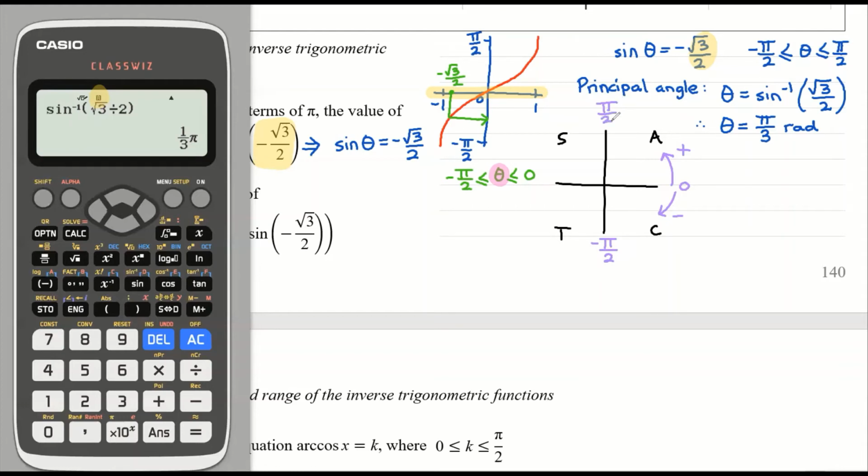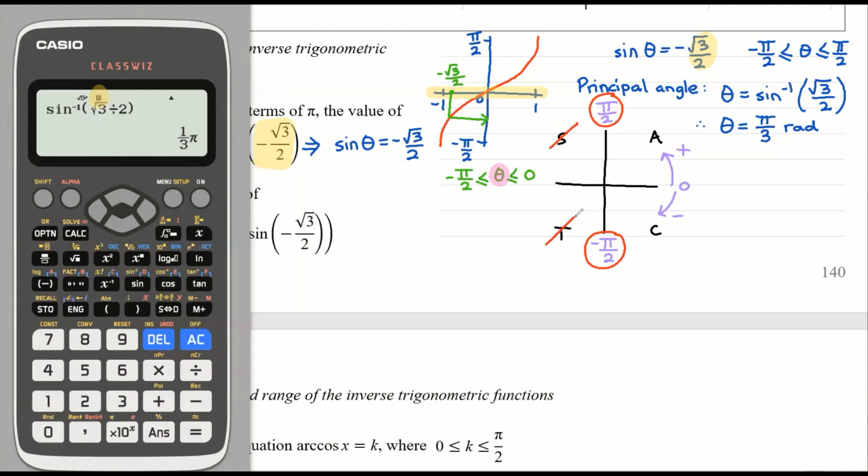Now, at this point, we've got to be mindful of the domain and range. The arcsin function is only valid between negative pi over 2 and pi over 2. So that means that the sine quadrant and the tan quadrant are not valid whatsoever. So we're only using the right-hand half of the CAST diagram to do this.